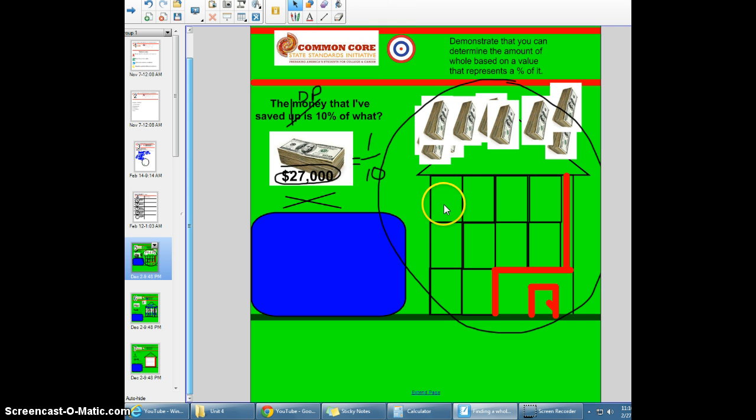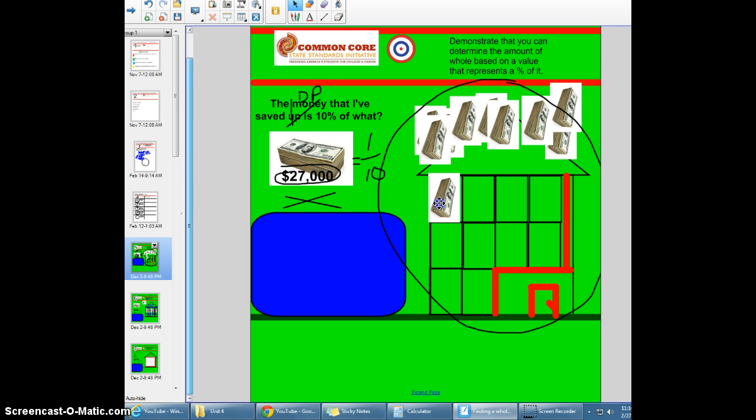I've split this home up into 1, 2, 3, 4, 5, 6, 7, 8, 9, 10 equal pieces. Each of these pieces represents 1/10 of the home's value. My down payment is $27,000. This represents my down payment.